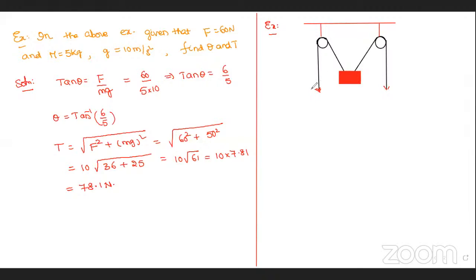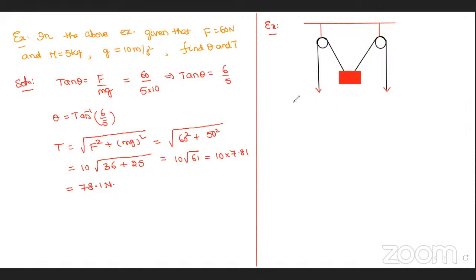Right, coming to here. Yes, this is the way we are pulling. The question is, suppose you pull these two ropes downwards with the same constant velocity or acceleration, whatever it may be.